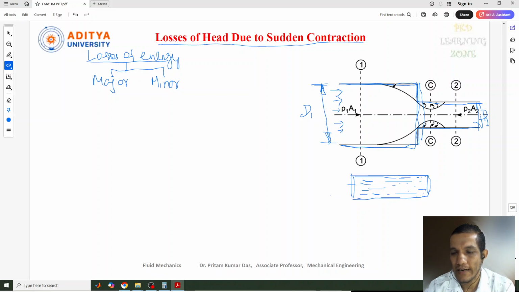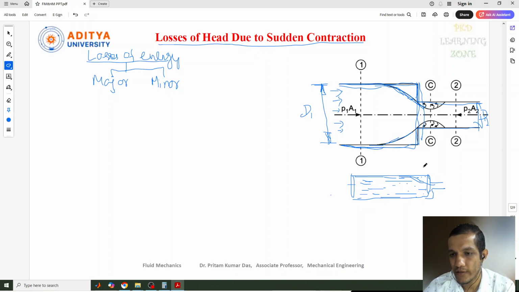But when a sudden change happens in the pipe, the fluid also changes its path to a new form. You can see how it is moving: continuously, in a decreasing mode.